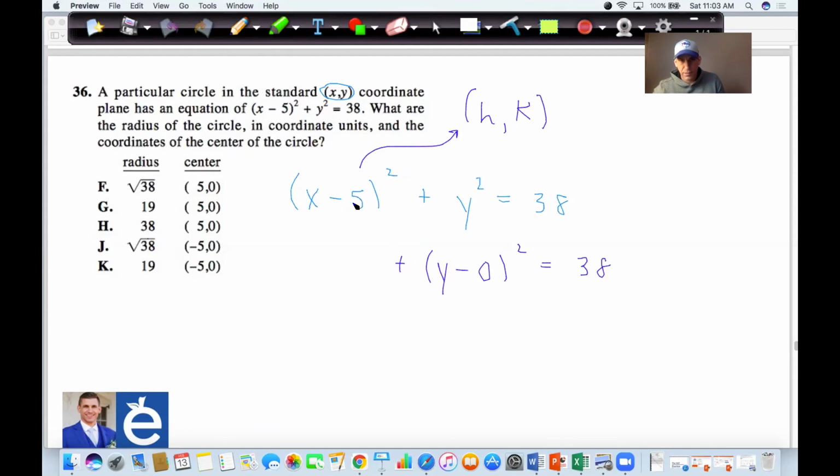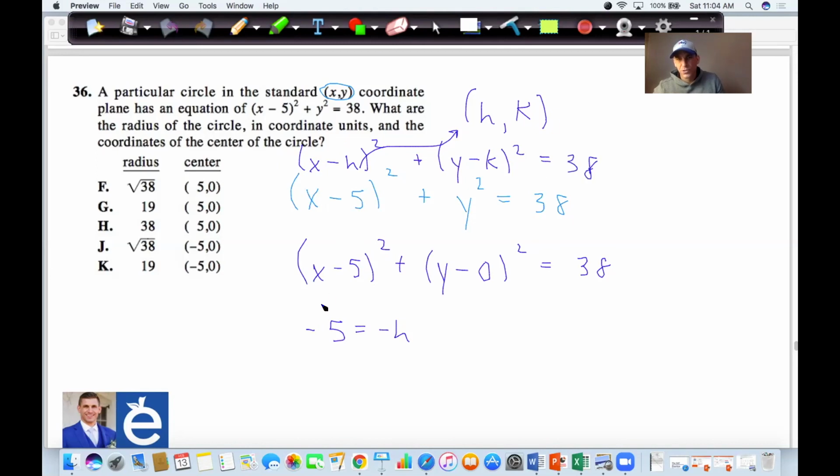And notice, because this is a minus 5, this should have been written as minus h. Remember, this is (x minus h) squared plus (y minus k) squared equals 38.